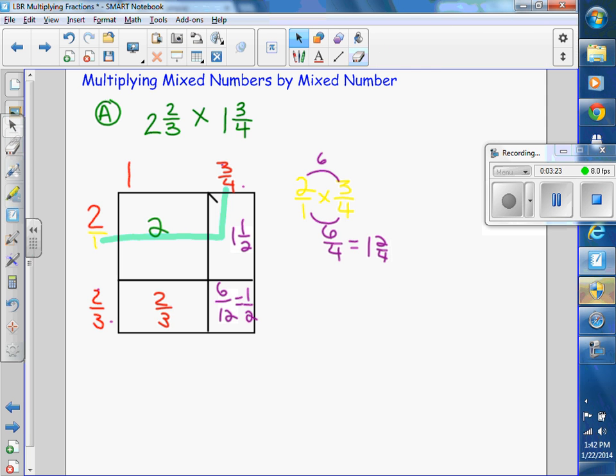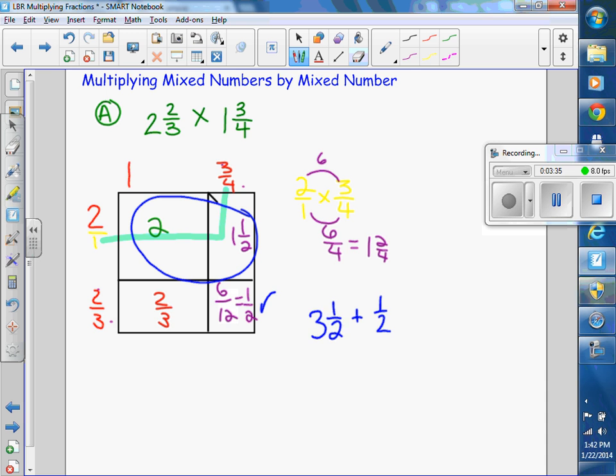And then the final answer is that you have to add them up. So like these two make what? 3.5. So 3.5. Good. Plus another half right here. Plus 2/3. So what do you get? 4.